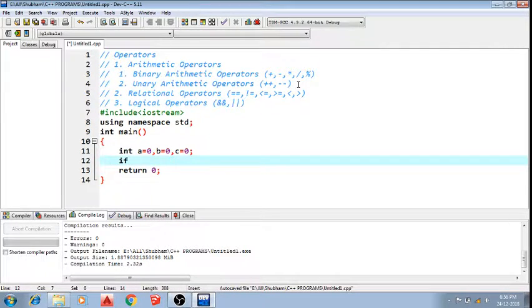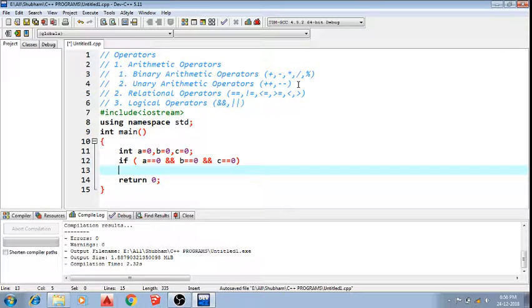So if I want to make an OR gate, what happens here? If small a is equal to 0 and B is equal to 0 and C is equal to 0, if all three inputs are 0, then the output of the OR gate is 0.